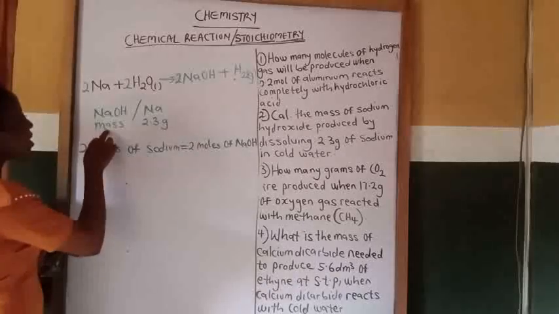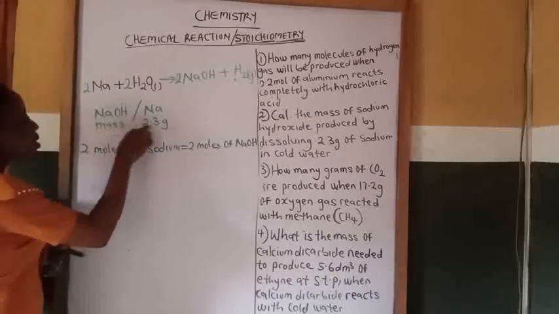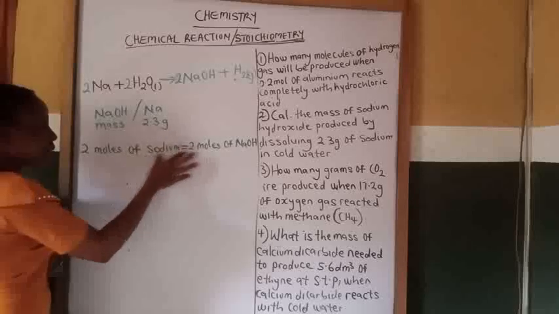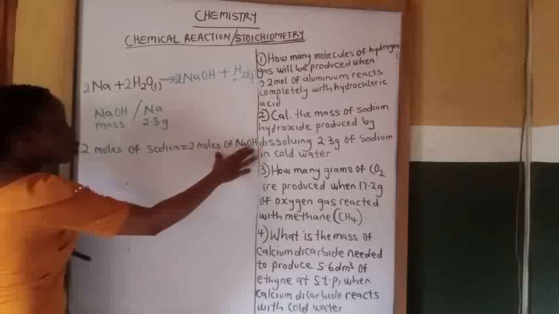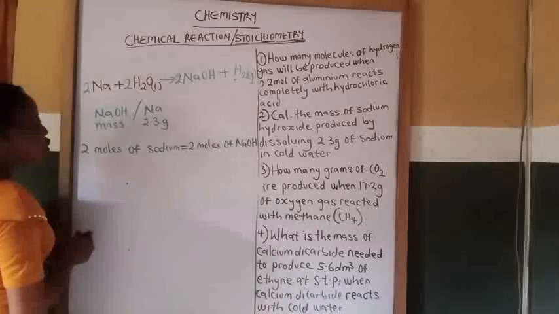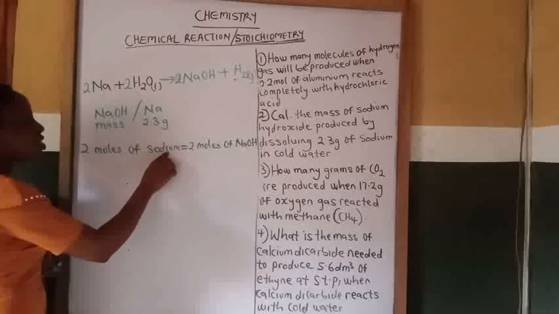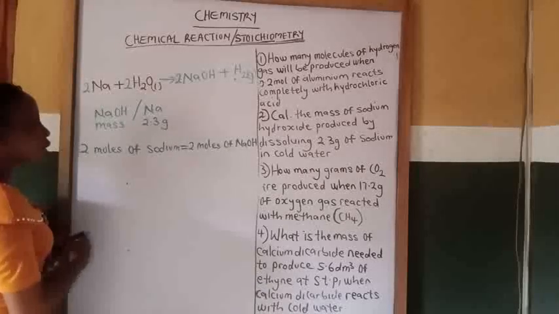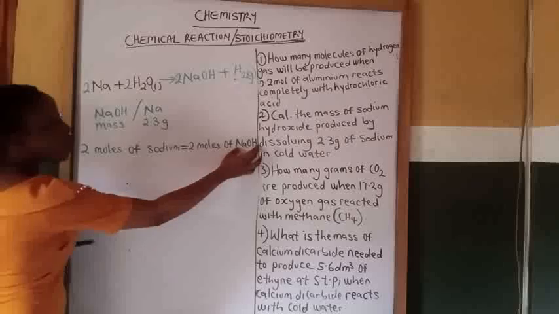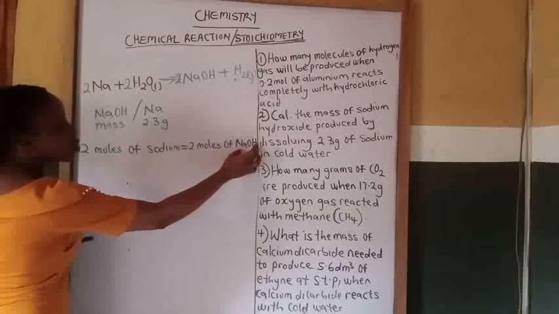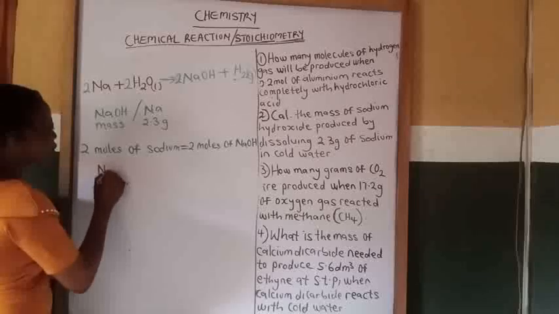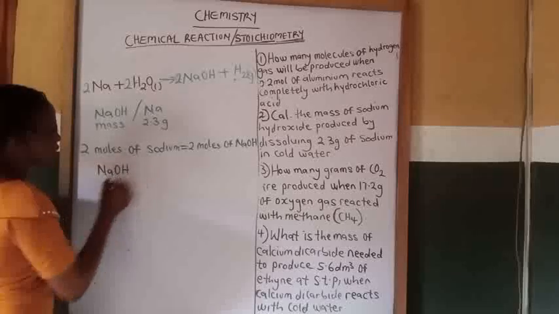Then don't forget that our question is mass. So we have to convert sodium to mass in gram, and we convert sodium hydroxide to mass in gram. The atomic mass of sodium is 23. Then we calculate the molar mass of sodium hydroxide.